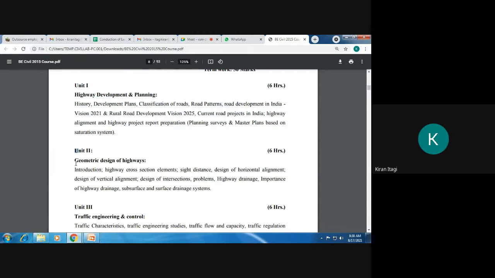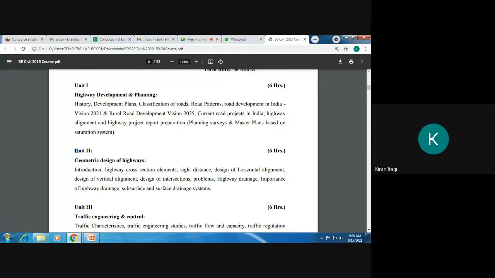And the second unit, the geometric design of highway. In the second unit, you know from surveying you have learned about the different types of curves. So here also, while designing the road, we will consider the curves, valley, hill, whether it is a simple curve or reverse curve, whatever.